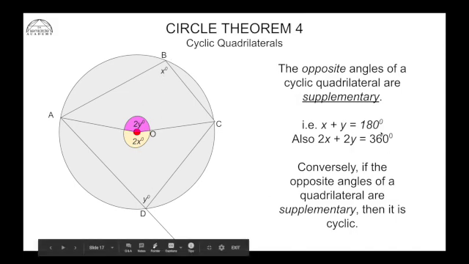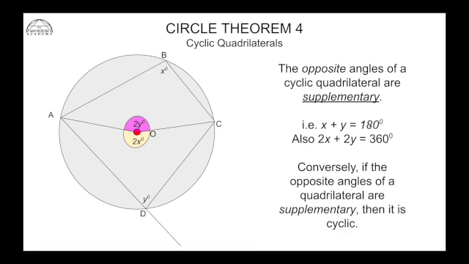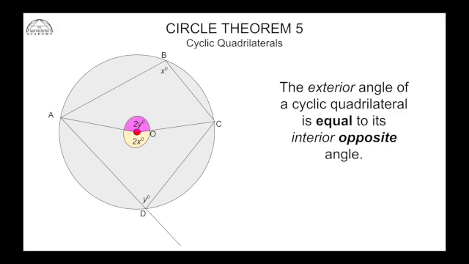And if the opposite angles add up to 180, then you can confirm that it is a cyclic quadrilateral. So that was Theorem 4. The opposite angles of a cyclic quadrilateral are supplementary. That is, they add up to 180.